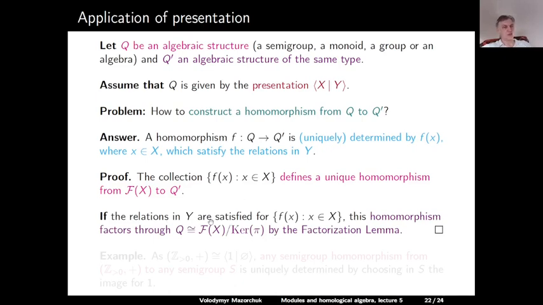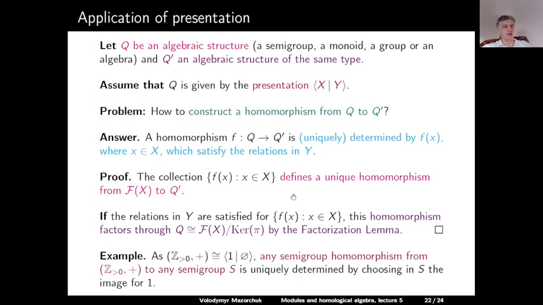If the relations in y are satisfied for these images f of x, then this homomorphism factors through the quotient of F of X by the kernel of pi exactly by the factorization lemma. So here is the main application of the factorization lemma in our theory. So for example, we saw that the additive semigroup of all positive integers is given by the presentation.